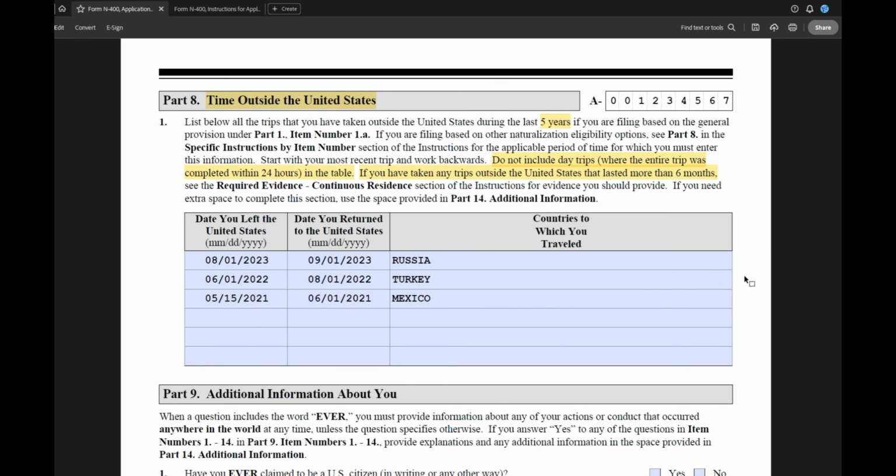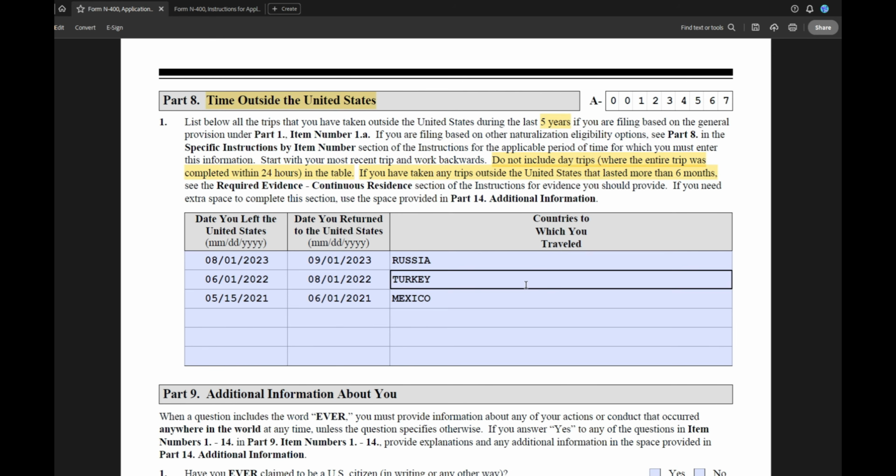And let's say, for example, you have taken a trip that falls in a period before your permanent residency began. So in our case, Jane became a permanent resident on May 30th, 2021.